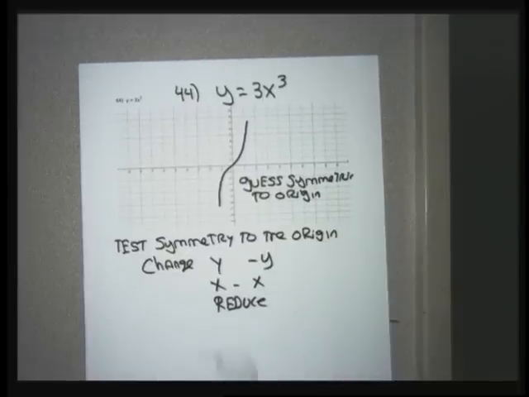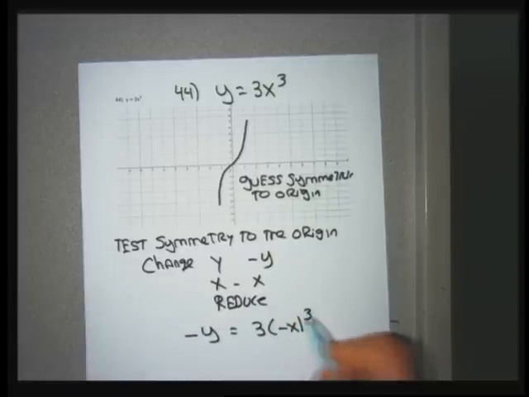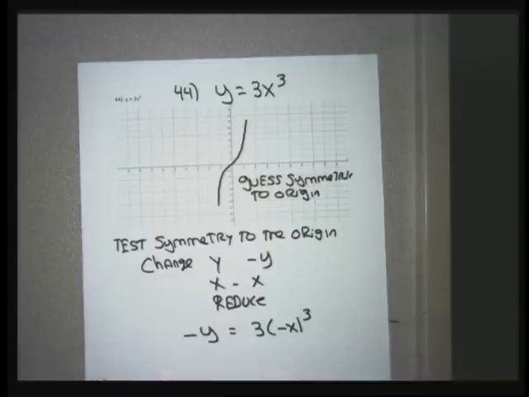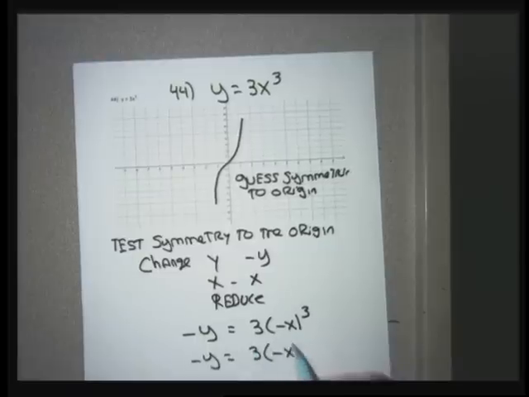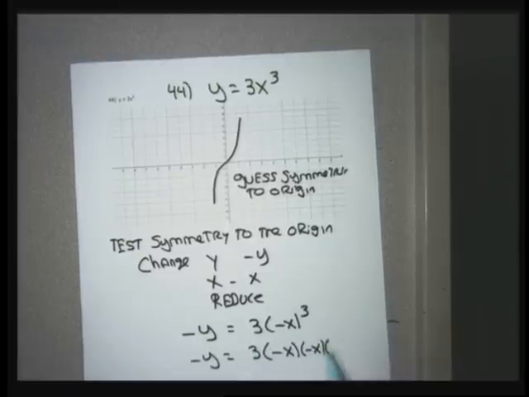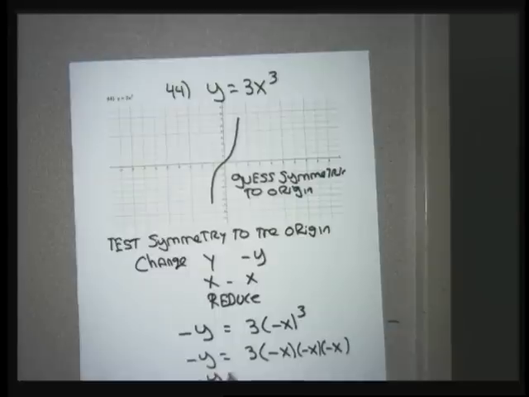So here I'm going to go negative y equals 3 times negative x cubed. Notice I didn't put the y in parentheses. I could have, but I didn't. Now I'm going to get rid of the exponent. Negative x cubed is negative x times negative x times negative x. When I multiply 3 negatives, I get another negative.